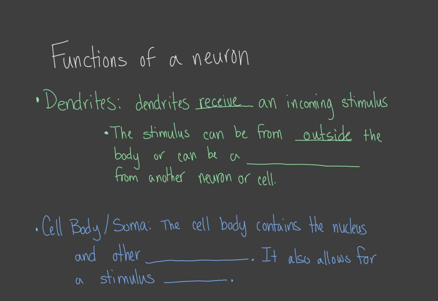But it can also be a neurotransmitter that might come from another neuron or another type of cell. So neurons can talk to other neurons with their neurotransmitters. So depending on the type and the function of that neuron, it might respond to a stimulus from outside the body, one of your senses, or it might respond to a neurotransmitter from another nerve cell.